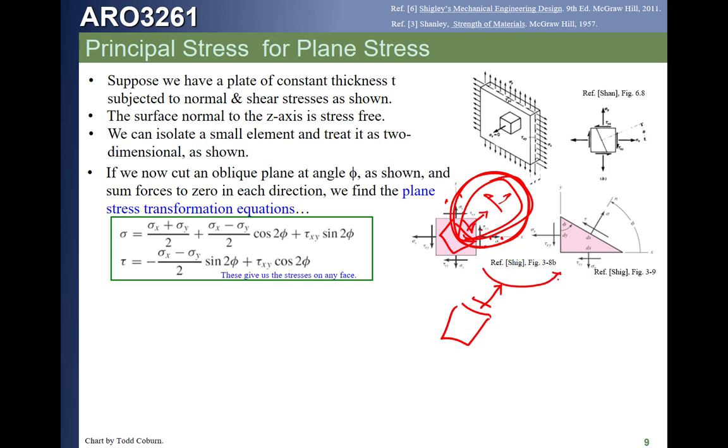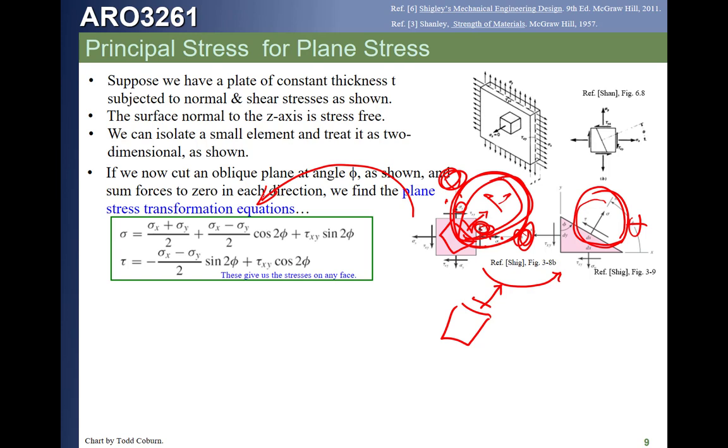This is showing the cut with some angle theta, which we're seeing here, what those resultant stresses are. Those resultant stresses are going to be a function of both the normal stress in the x, the normal stress in the y, and the shear stress on both faces. And fortunately, it resolves to a nice simple equation.